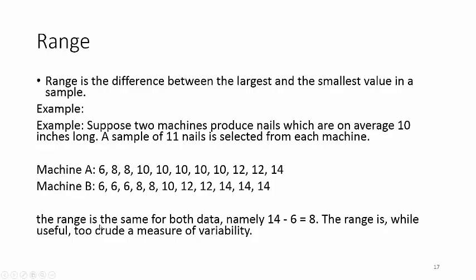So the range is the same for both A and B. The largest number is 16 and the smallest number is 14, so the range is the same. While it is very useful, it is too crude a measure of variability.